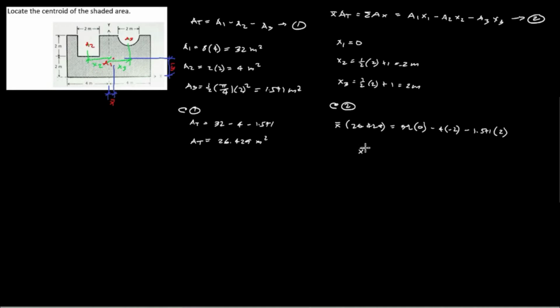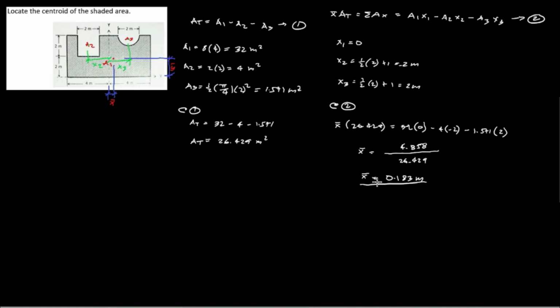So x bar is equal to 32 times 0 is 0, minus 4 times negative 2, that's 8, minus 1.571 times 2, that's 3.142, giving 4.858, divided by 26.429.